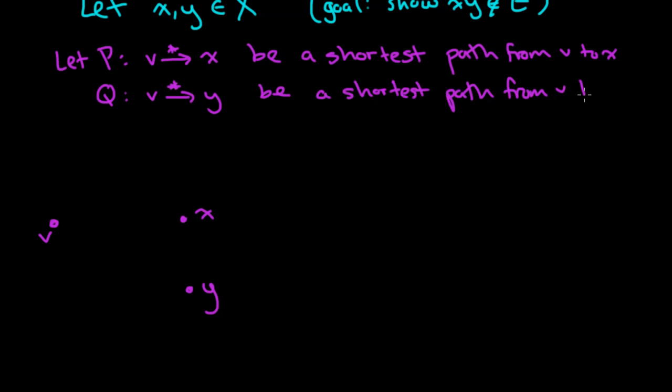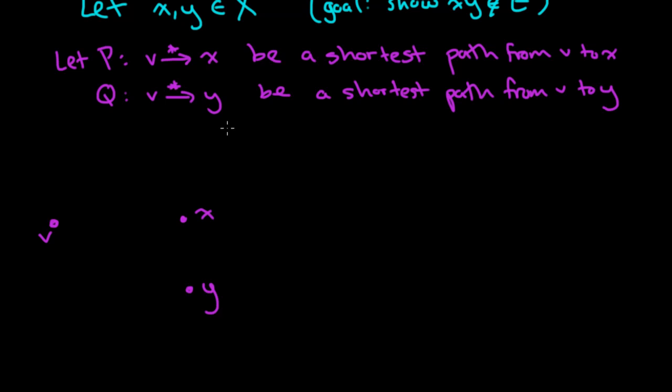from V to Y. In fact, we should point out that these will have to have the same parity because both of these X and Y belong to the same partite set. In fact, we said they both belong to X. That means that the path P that goes from V to X must be of even length, and similarly, the path from V to Y must be of even length.